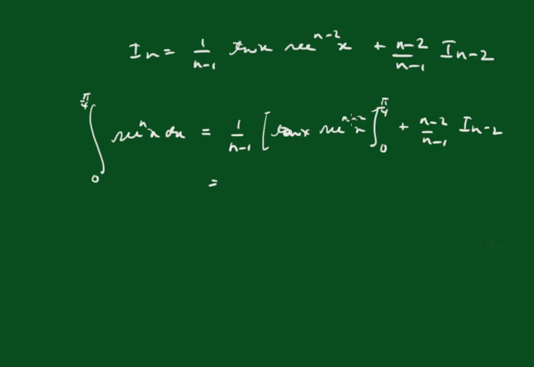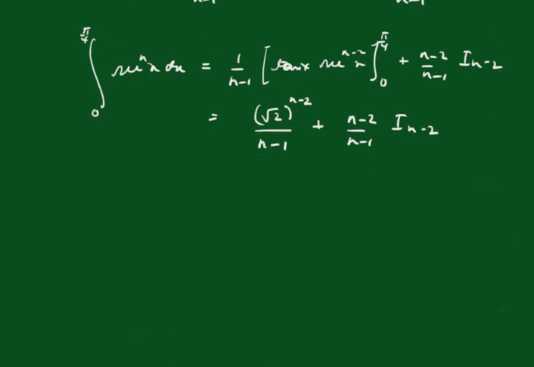Now the tan of pi upon 4 is 1, the sec of pi upon 4 is root 2, so that simply becomes root 2 to the n minus 2 over n minus 1 plus n minus 2 over n minus 1 In minus 2.